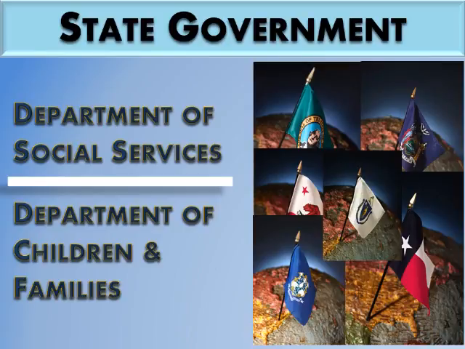In other states, TANF is administered by the Department of Children and Families, such as in Massachusetts. The common element is that the state government is responsible for the program as well as its administration. TANF has served its local population since 1996 under the careful control of state regulations.